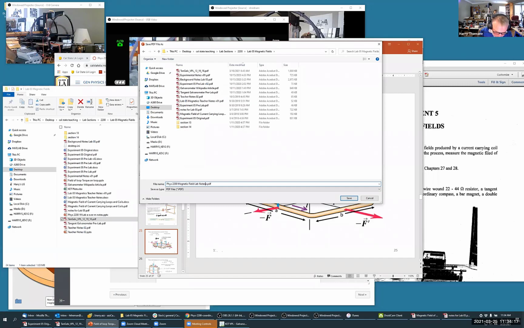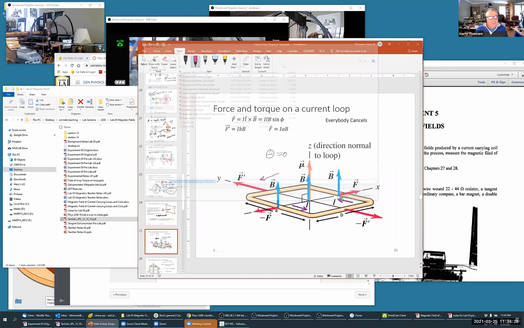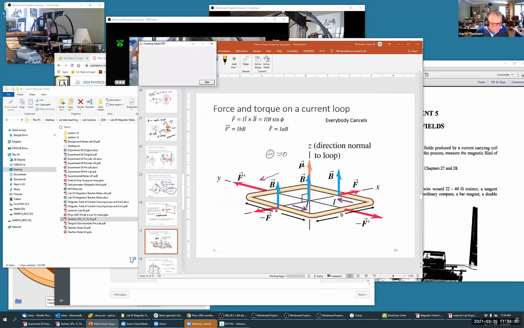I'm sorry about this. If I have lots of pictures like this pre-made, I generally like to give it to the students beforehand so that they don't have to scramble to try to draw all these diagrams.